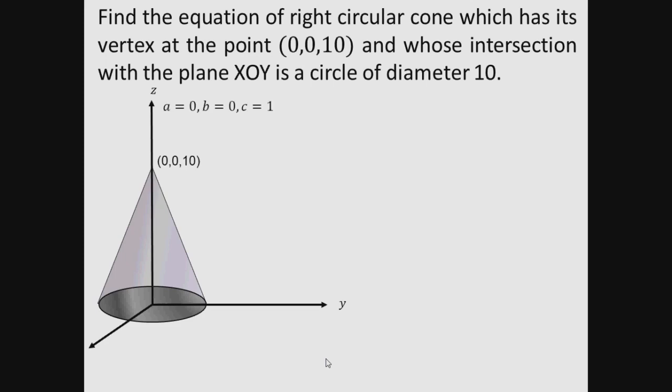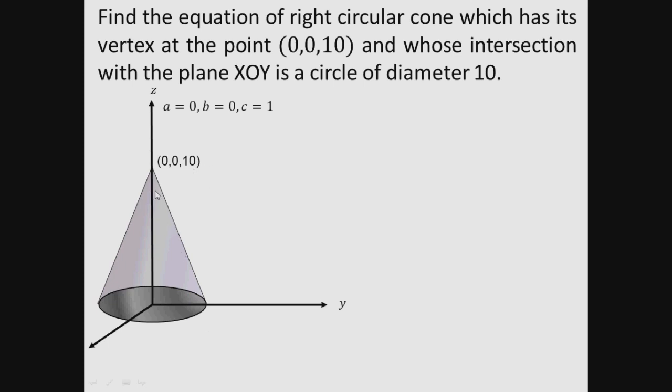Okay, now again this z axis becomes the axis of that cone. So already in the previous problem we saw that 0, 0, 1 are nothing but the DRs of the z axis. So a, b, c are known, alpha, beta, gamma are 0, 0, 10. We need one point on this cone.